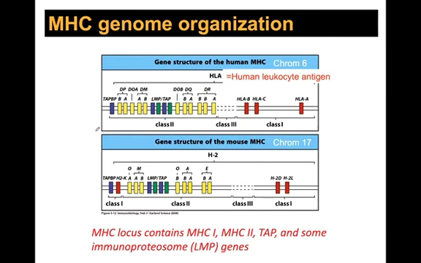So the first thing we need to know is, how is the genomic organization of MHC organized? It's actually very similar in mice and humans, where they typically tend to co-segregate. Not always, but this is a fairly tightly organized MHC locus, and it contains MHC1 and MHC2 genes.